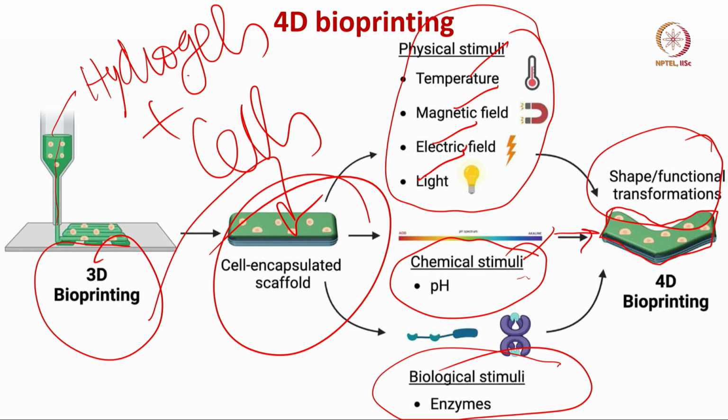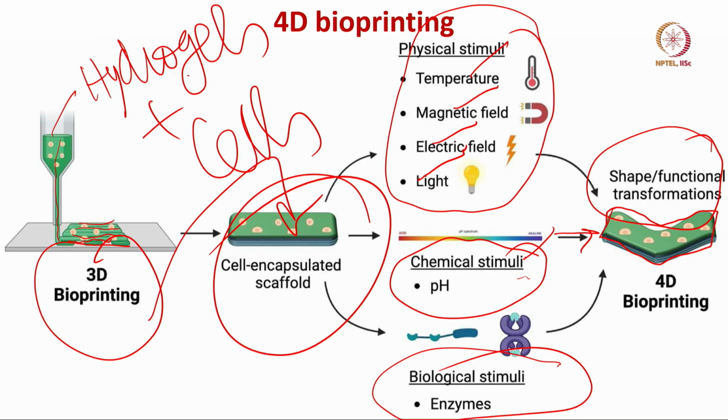It is extrusion printed in a layer-by-layer manner, and one of the unique approaches one has to adopt is to retain the cell viability in this scaffold. Now, how to maintain the cell viability?